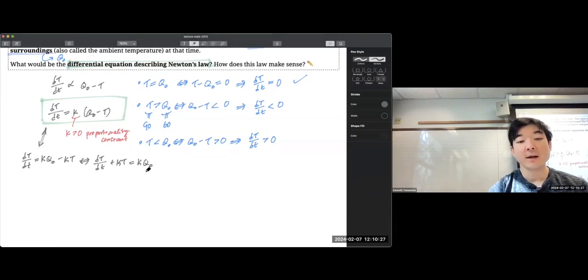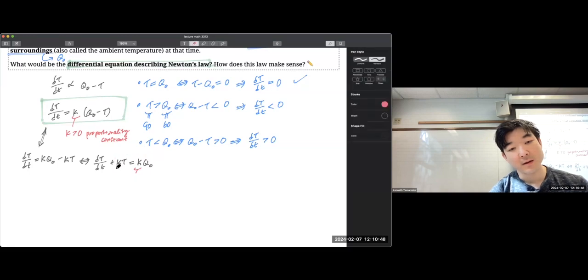So why don't we make some assumptions to solve this? Q naught and K are constants, so we know those are constants. Because K is a constant, so this is a constant too. So the K's are both constants.